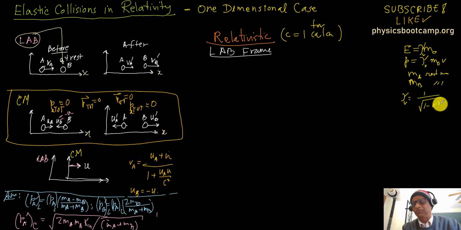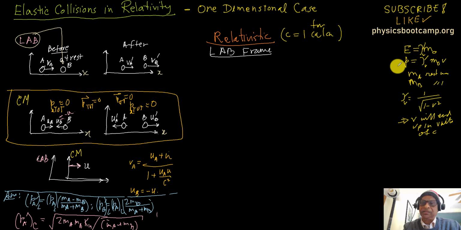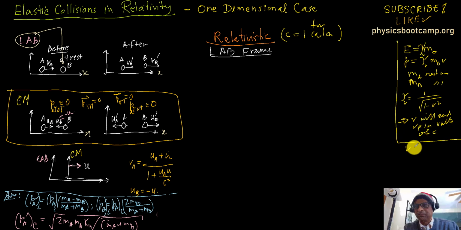So v ends up in units of c. If you do this and v turns out to be 0.2, that means v is actually 0.2c. That's how you interpret it when you use these units.